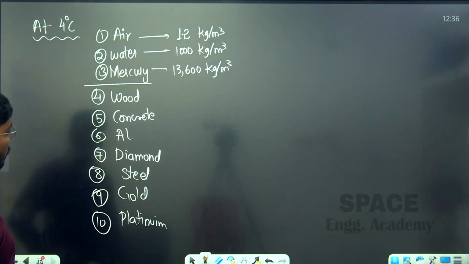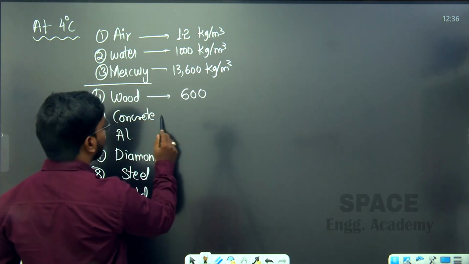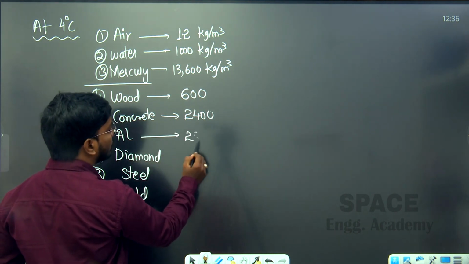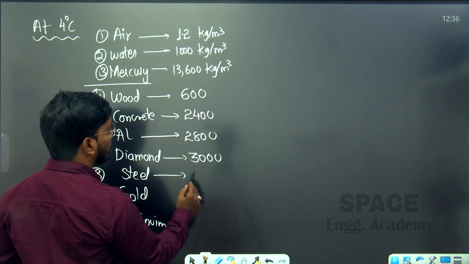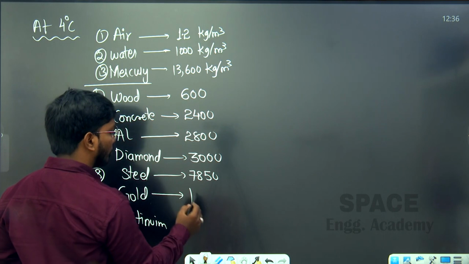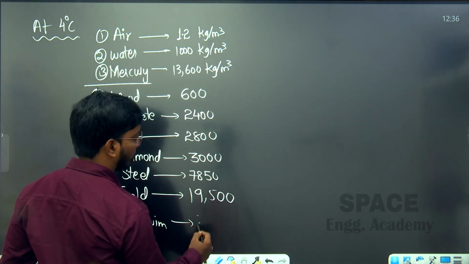So what is the wood value? It's around 600. Concrete 2400, aluminum 2800, diamond around 3000, steel 7850 as we discussed in the previous slide, gold 19,500, platinum 24,500.